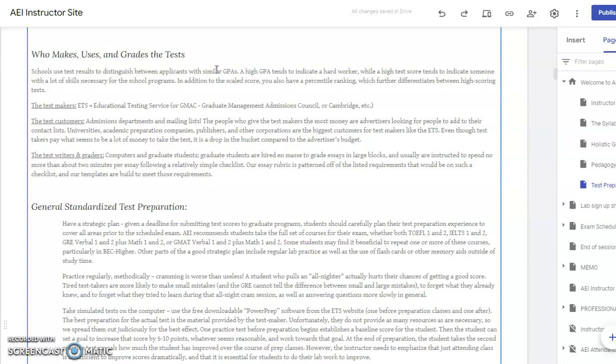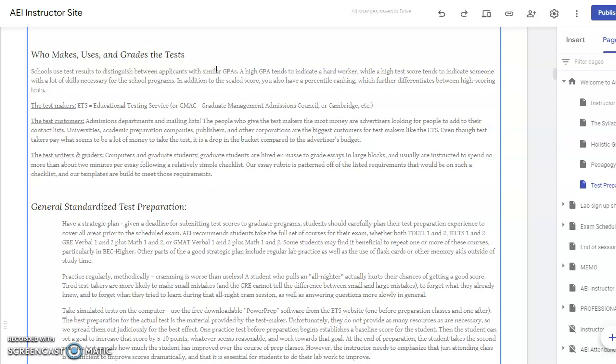In addition to the scaled score, you also have that percentile ranking, which further differentiates between our highest scoring tests. Inevitably, most universities want somebody who has a high GPA more than they want somebody with a high test score, unless they have a bunch of people with identical GPAs or grade point averages.